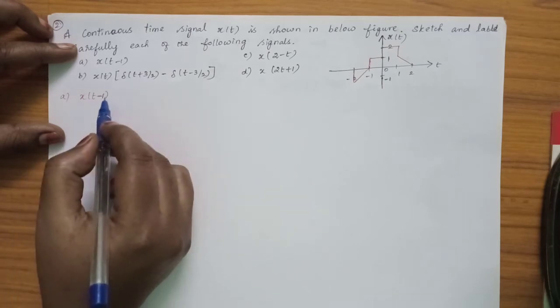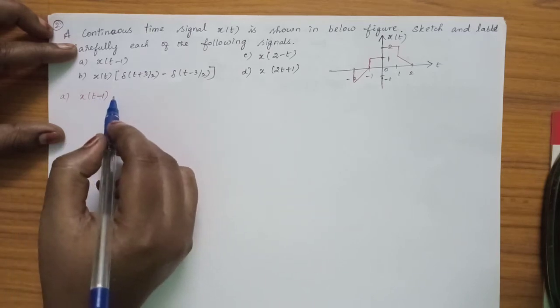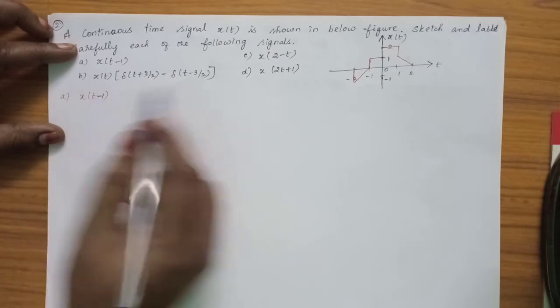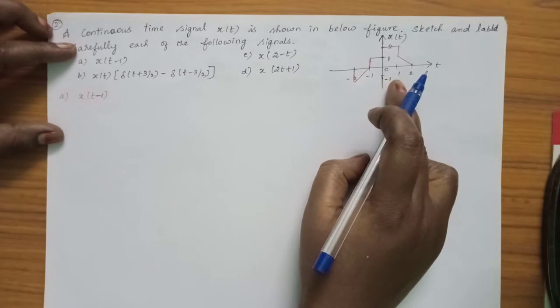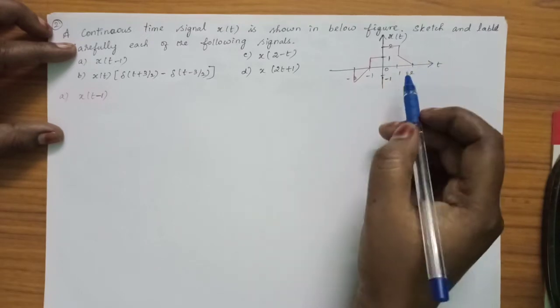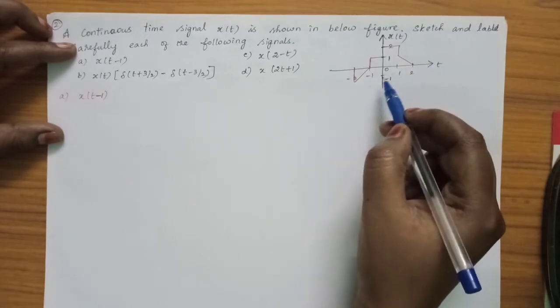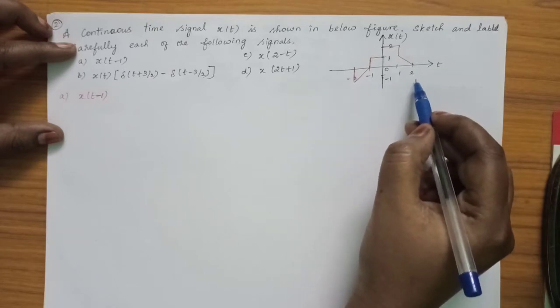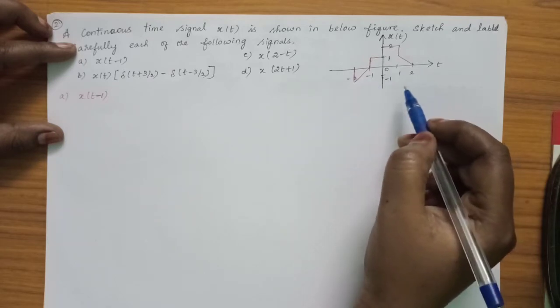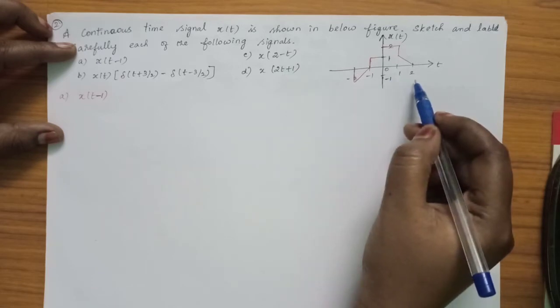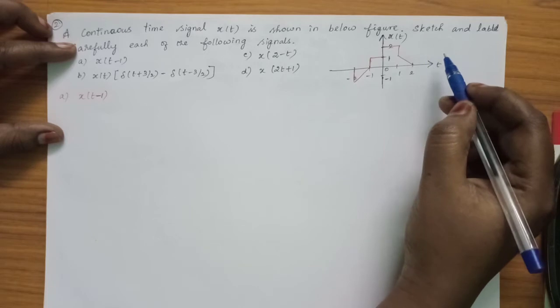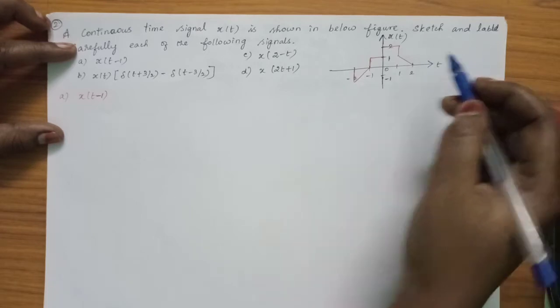So we need to do the reverse operation, that is here t minus 1, so we need to add plus 1 with the time limits of x of t. So if I add plus 1 with the time limits, minus 2 plus 1 is minus 1 and 2 plus 1 is 3, then the new limits will be minus 1 to 3. That is, the signal gets shifted towards the right side. We will get the delayed signal.